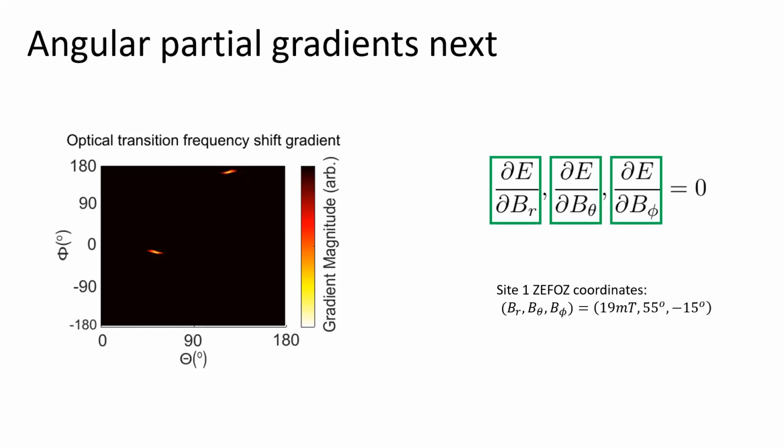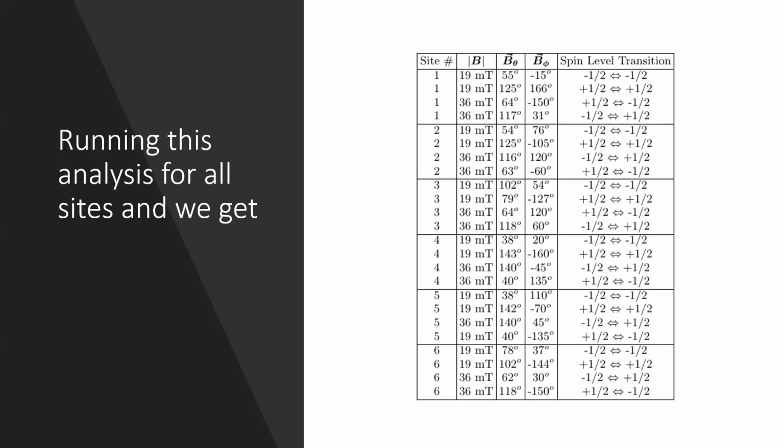Now, this is all analysis done for a single site, but we can apply this same logic to all of the sites. And relative to the crystal axes, we get a whole list of potential optical clock transitions in this material for each of the different sites. Now, that's great. But the story doesn't just end there.